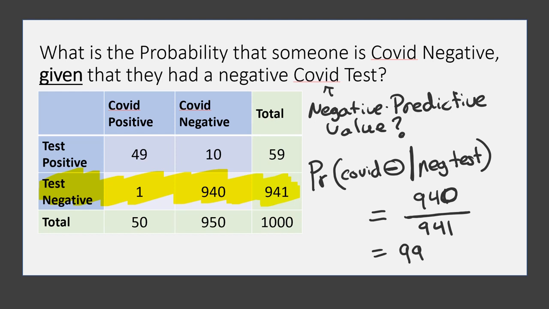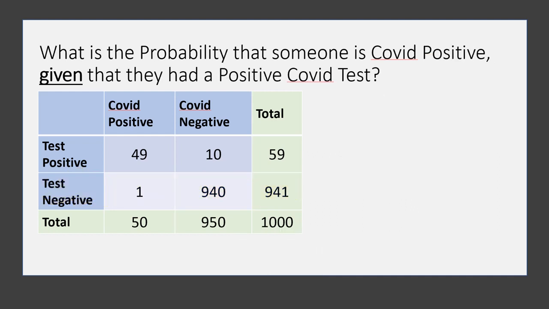It's 0.9989, which is basically saying that this has a negative predictive value of 99.89%. And that's my answer. So I can feel pretty confident that I don't have COVID.